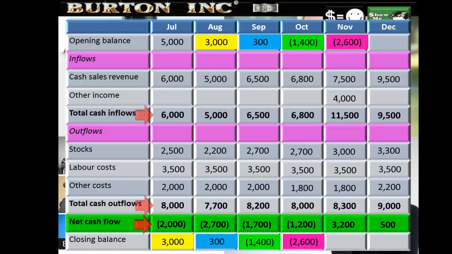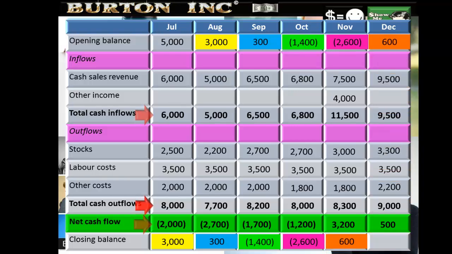At the end of October, we've got a negative balance in our bank and we lose additional cash as well. So at the end of October, our overdraft's extended to $2,600. That's in the red. That's money we owe the bank, and that transfers to the start of November. Opening balance.